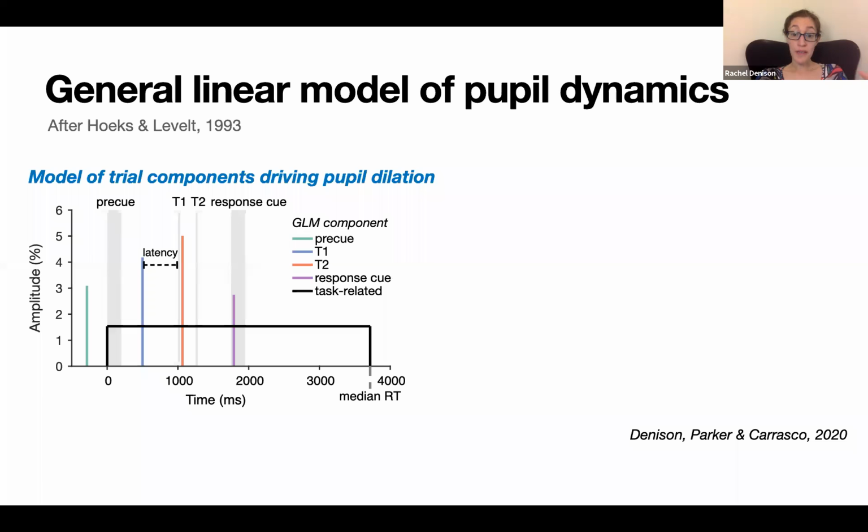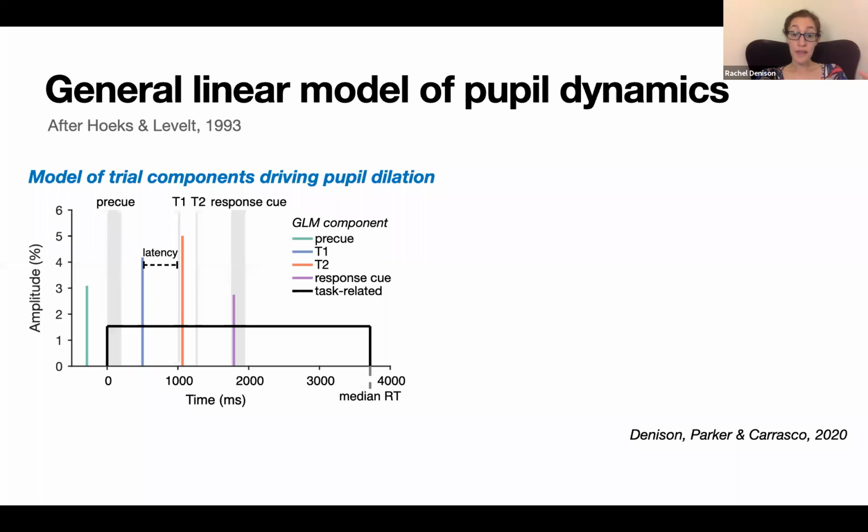Here I'm showing again the trial timeline, time on the x-axis. The physical stimulus events are in gray, so that's the pre-Q, which was an auditory tone, T1 and T2, which were visual gratings, and the response Q, which was another auditory tone.